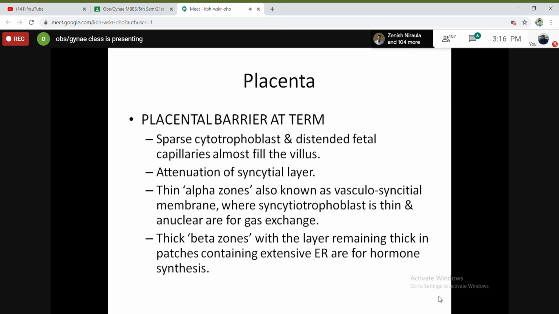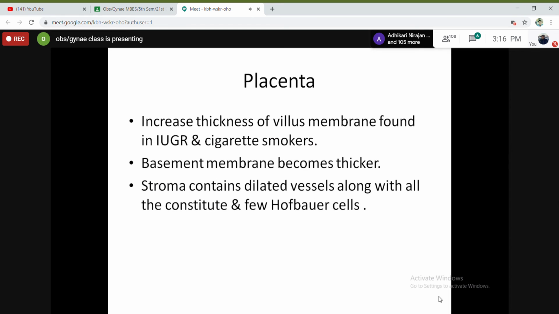At term, it has sparse cytotrophoblasts and distended fetal capillaries almost fill the villus. There is attenuation of the syncytium into thin alpha zones, and there is presence of thick beta zones. These alpha zones are basically for gas exchange, and the beta zones have extensive estrogen receptors, basically for hormone synthesis.